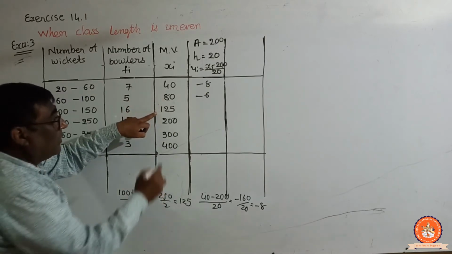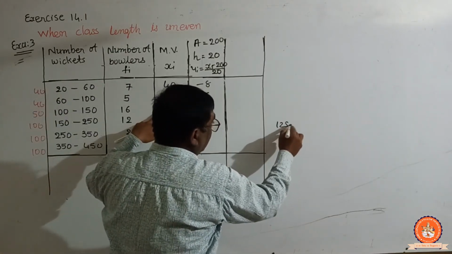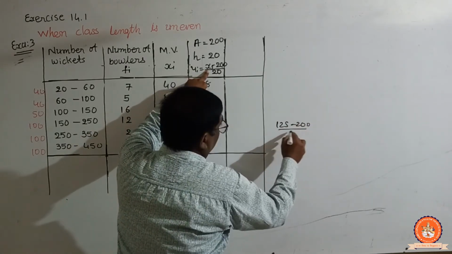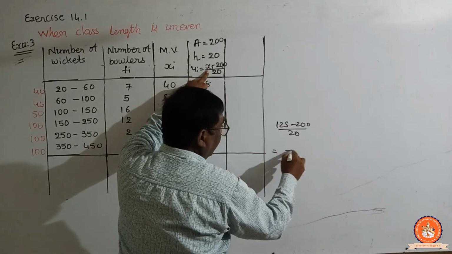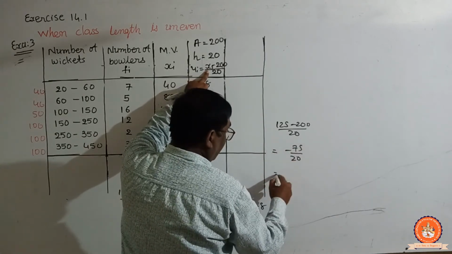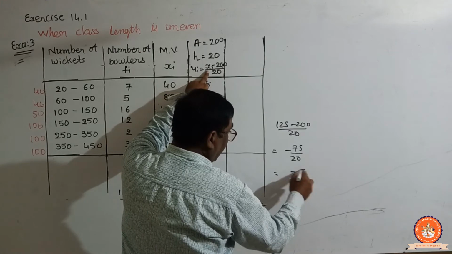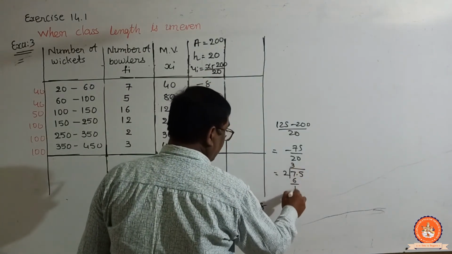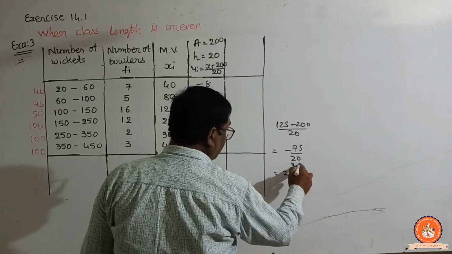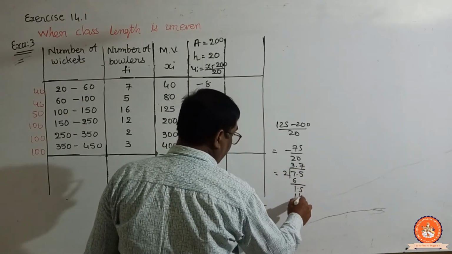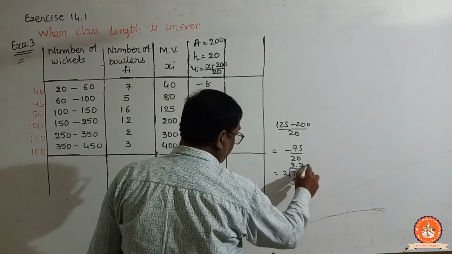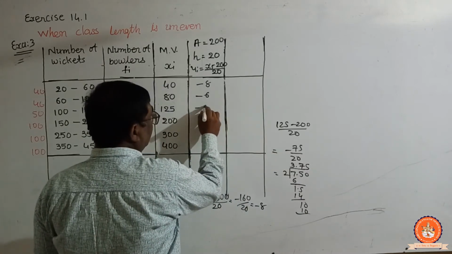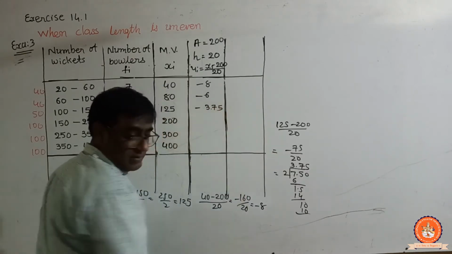Now we put 125 here. 125 minus 200 upon 20, that is minus 75 upon 20, and that is 7.5 by 2. Okay, so 2 3s are 6, 1 5, 2 7s are 14, 1 0, 2 5s are 10. So that is 3.75.